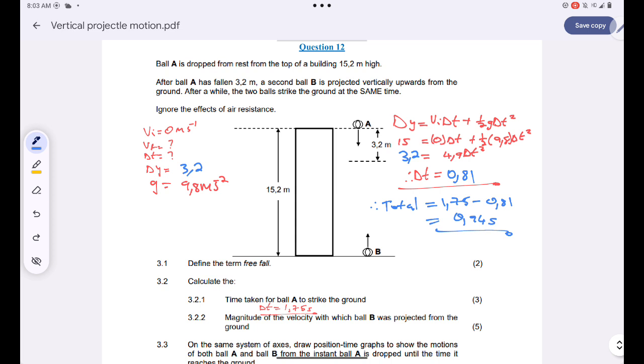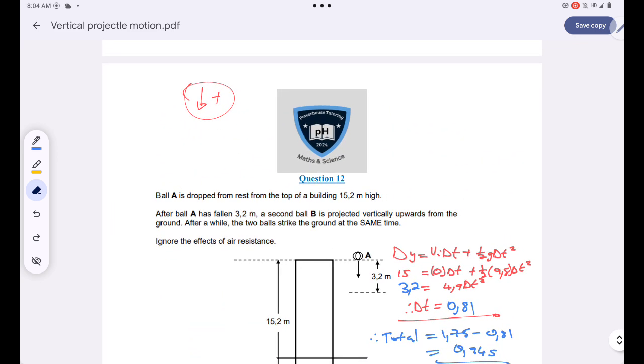Remember, guys, both balls will reach the ground simultaneously. However, ball B was thrown upwards after 0.81 seconds, so ball B will take less time in the air than ball A. Are we together? So I now know the time ball B is in the air. Let me illustrate the motion of ball B. It will move from the ground, reach maximum height, and then come back to the ground.